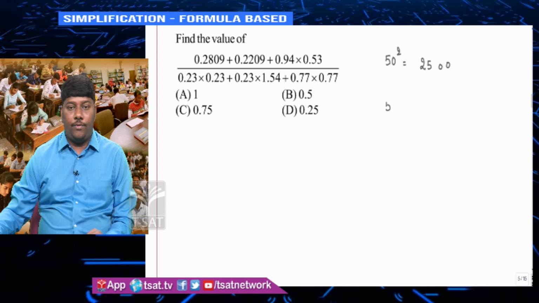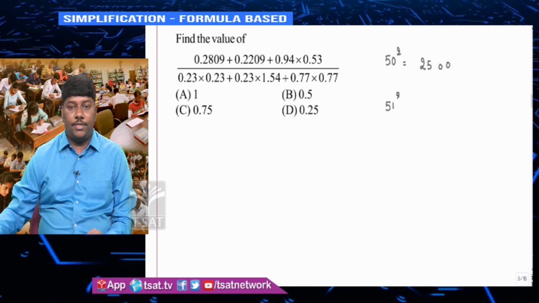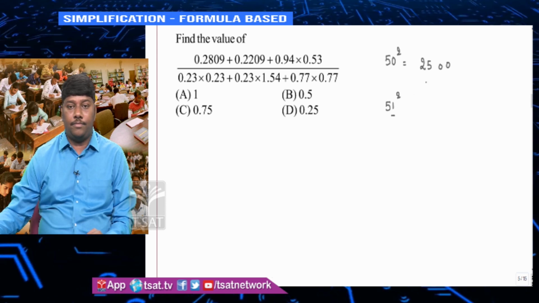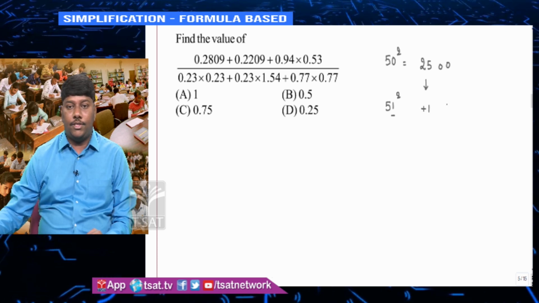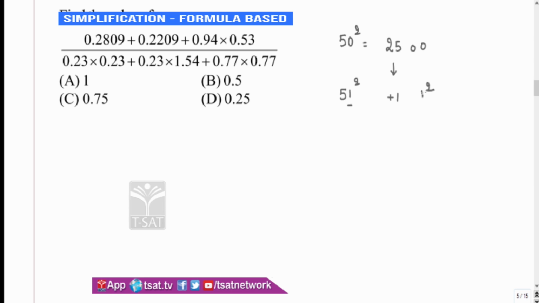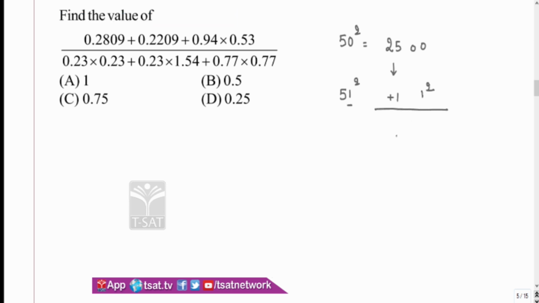When I ask you 51 square, you simply add this 1 to 25 and 1 square to this 00. Therefore, it becomes 2601.